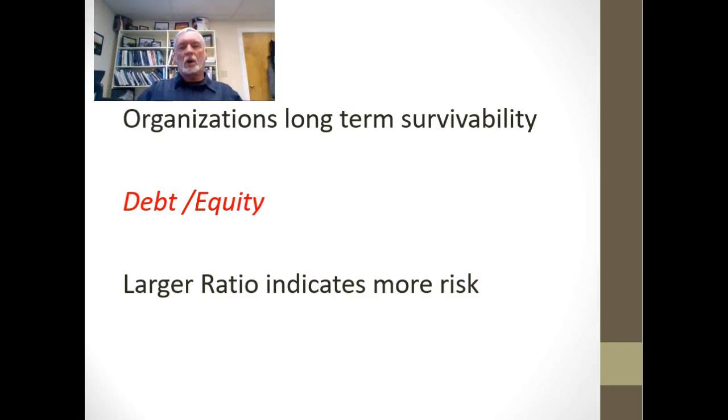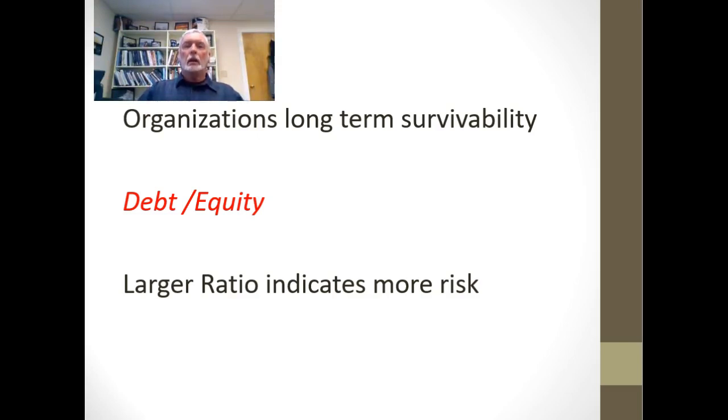And the primary measure of that is the amount of debt I have relative to the amount of equity. So debt to equity ratio is an important ratio. And here, the larger the ratio is, so the more debt I have relative to equity, the higher the risk, which makes sense, right?